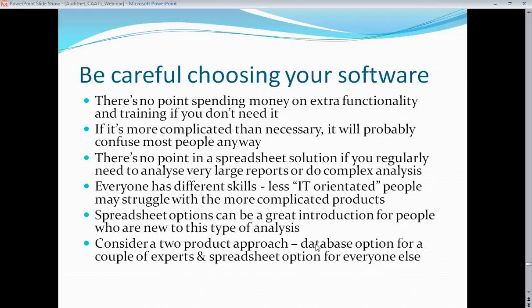This allows you to retain the full range of data analysis functionality within the team, as if need be people can refer things to the experts, but it has a lower software and training cost and much less risk of rejection, and it's particularly effective in larger audit departments.